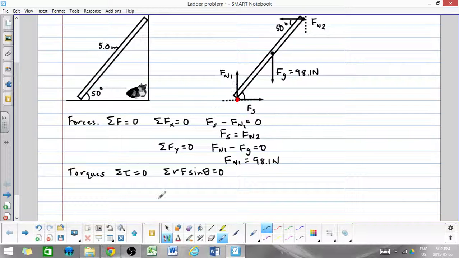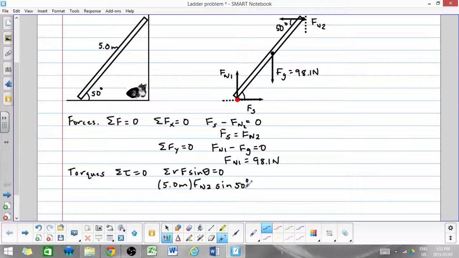Okay. The length of the ladder is 5 meters. So for that torque, which is all the way at the other end of the ladder, 5 meters times Fn2 sine 50 degrees.